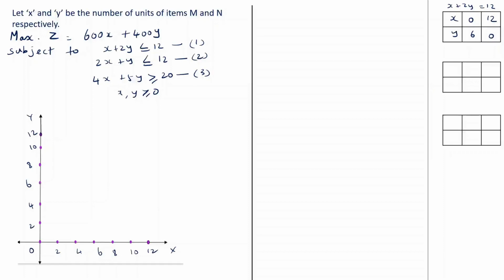So 0, 6 is somewhere here and 12, 0 is somewhere here. Now let us draw a line joining these 2 points to get the line x plus 2y equal to 12. So this is the line x plus 2y equal to 12. And next we have the next constraint. Let us draw the line corresponding to this constraint.